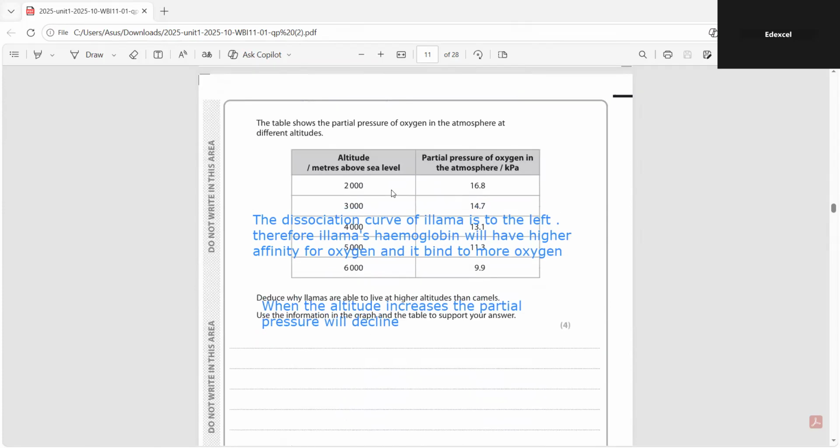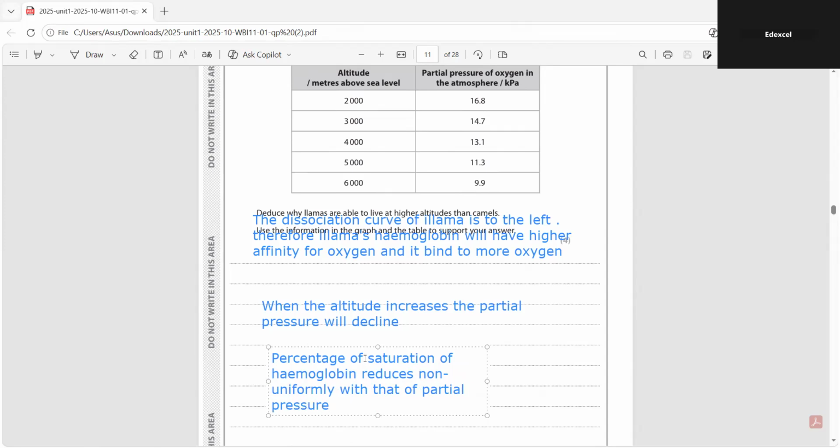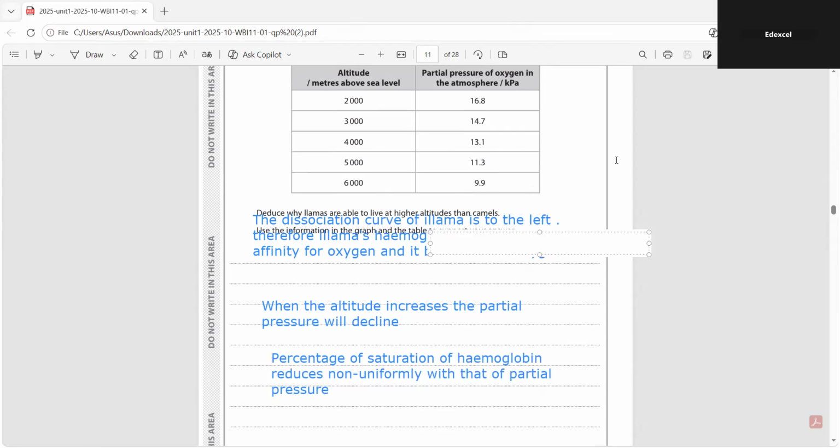Percentage of saturation of hemoglobin reduces non-linearly and non-uniformly with that of partial pressure. So that's all about question number 4. Okay. So I hope this is clear for you all.